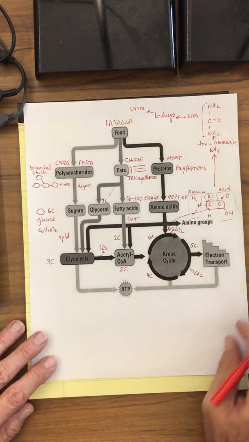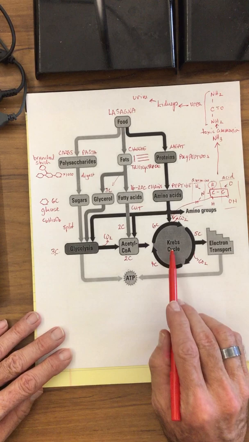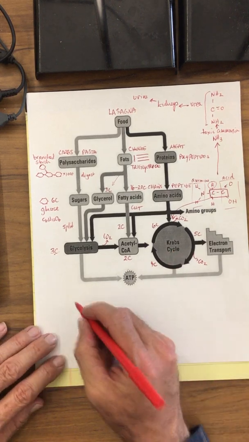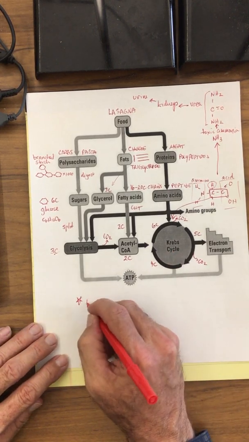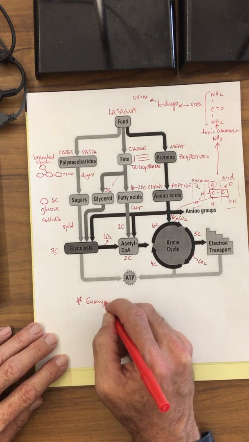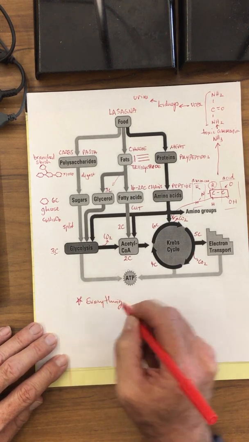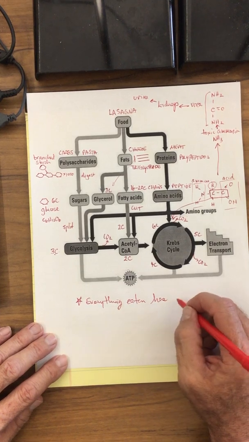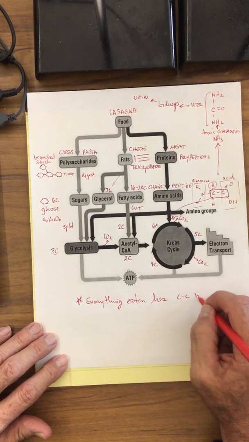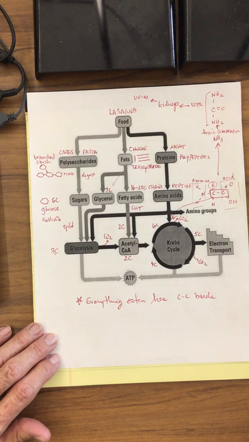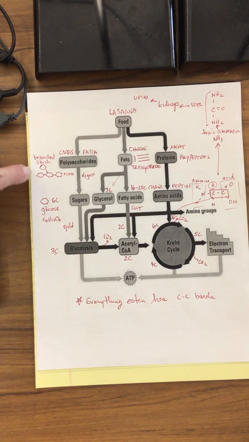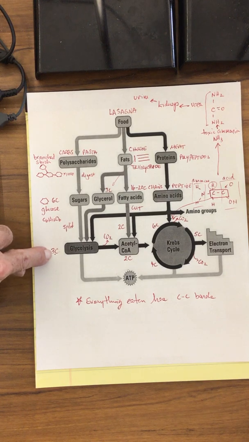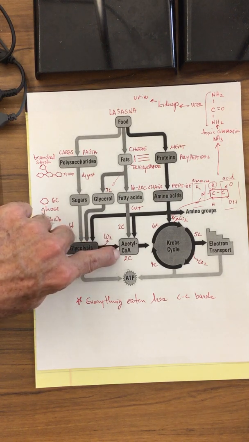The whole goal of this was to show you that everything that you eat ends up in the Krebs cycle. Big star down here. Everything eaten has carbon-carbon bonds. It has them in glucose, which is split into 3-carbon, which becomes a 2-carbon.